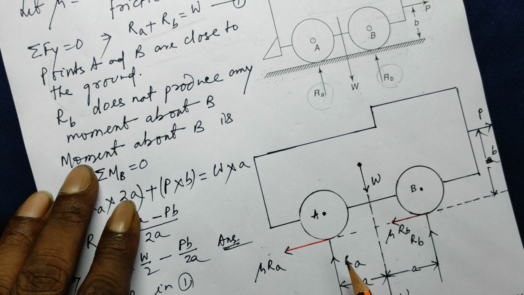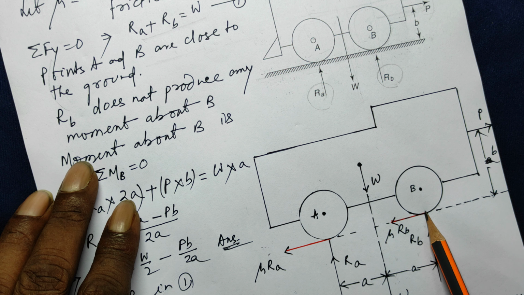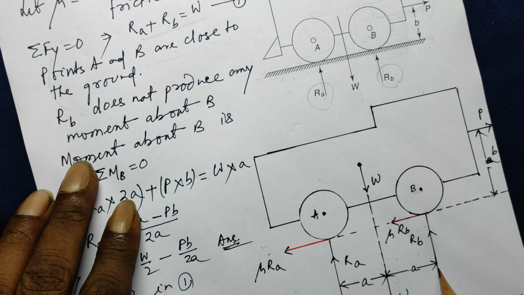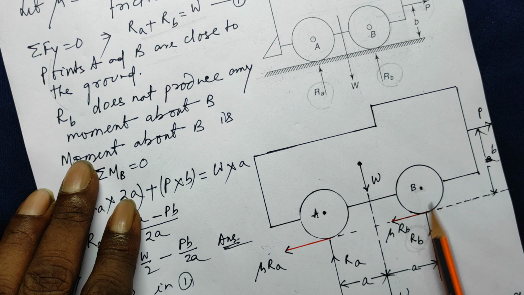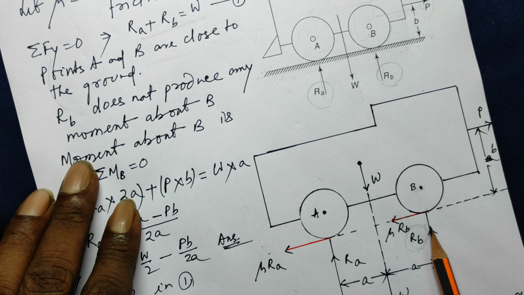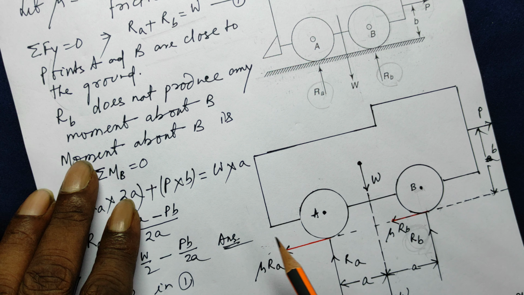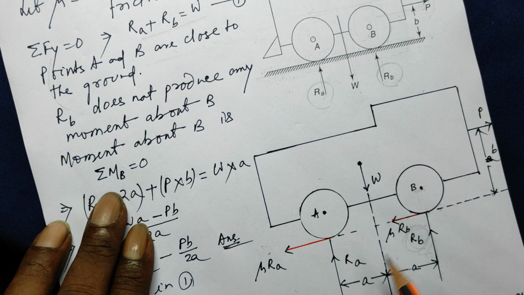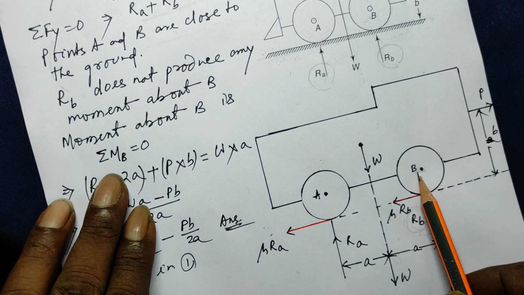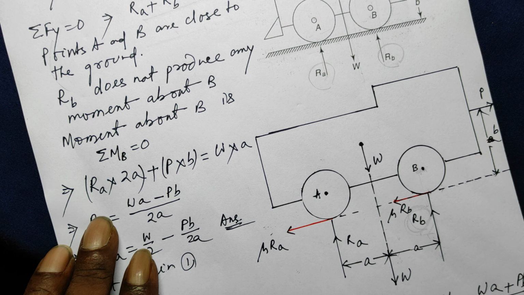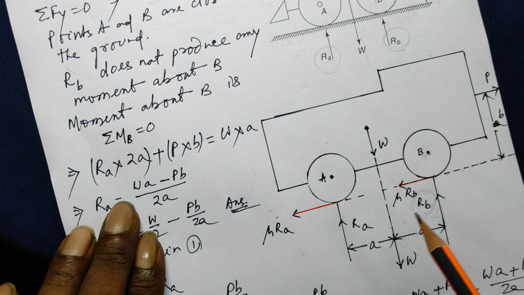Now the reaction at B does not produce any moment about point B because the line of action of this reaction force RB passes through the same point. It is neither passing this way nor this way, so it does not have a perpendicular distance from the point B, and does not produce a moment about point B. Now let us take the sum of the moments about point B, the clockwise moments and the anti-clockwise moments.